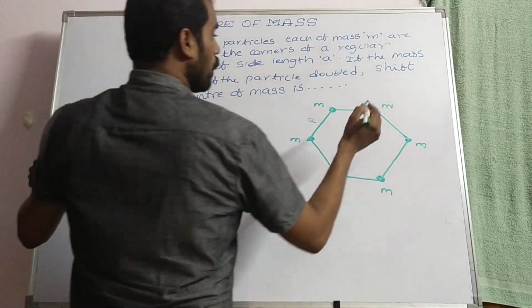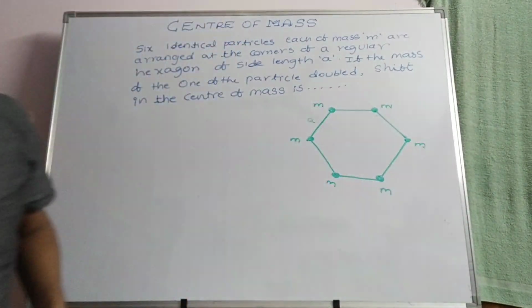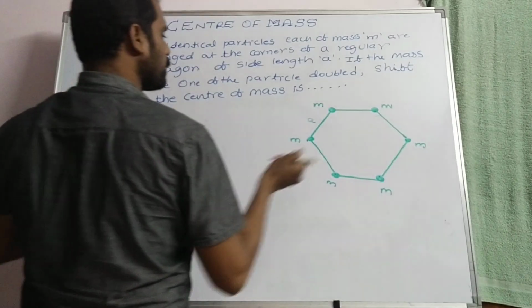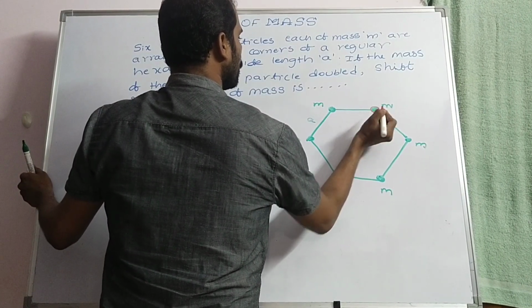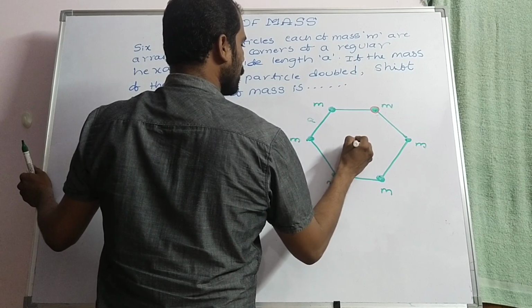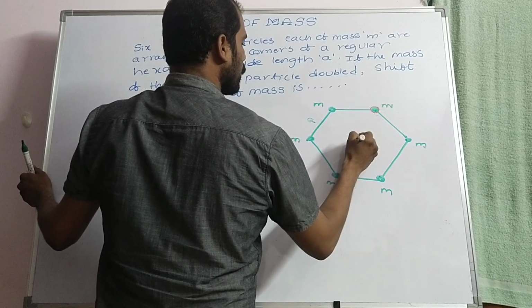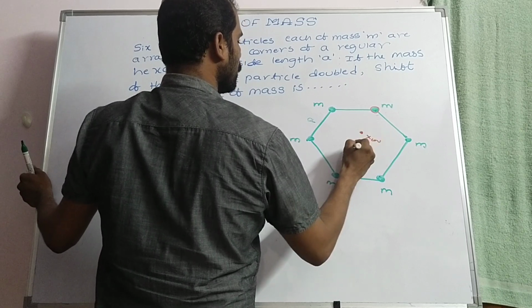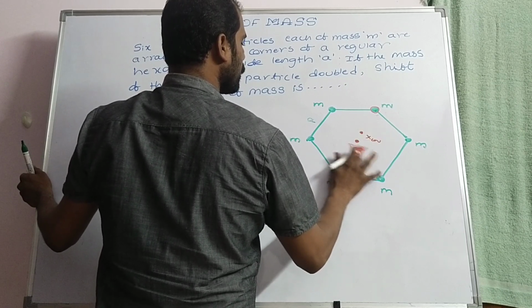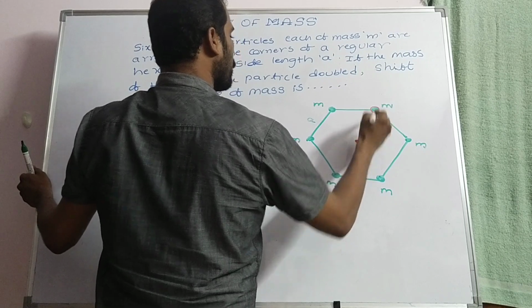Now another mass is placed here. Then what happens? Initially the center of mass is here. Whenever the extra mass is placed, the XCM will shift towards the massive particle 2m.